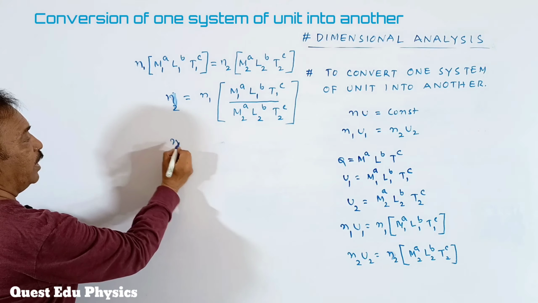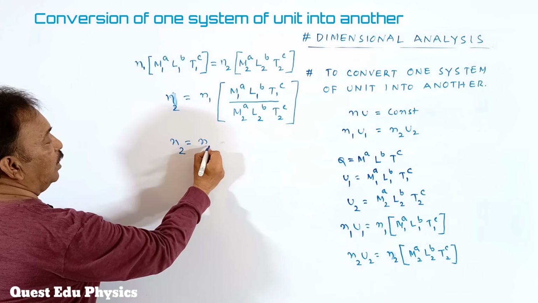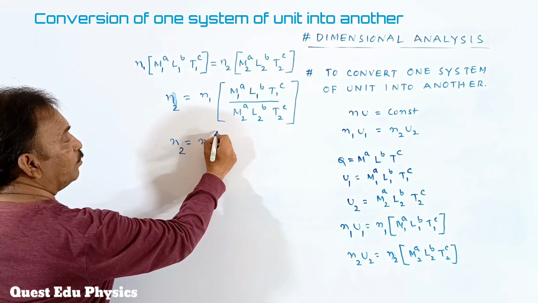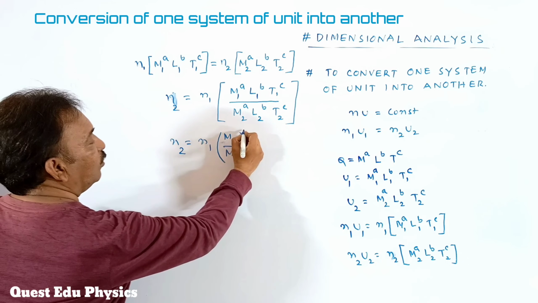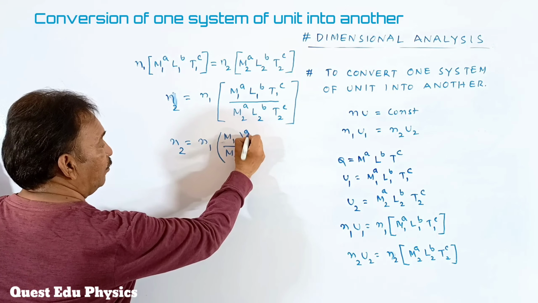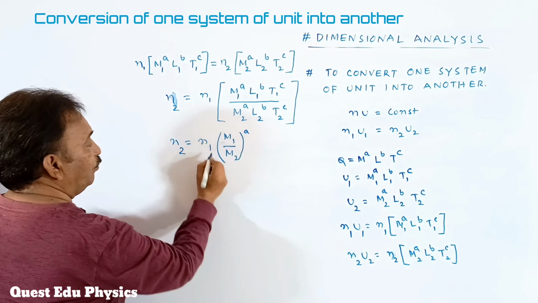And it can also be written as n2 is equal to n1 of M1 by M2 to the power of a, into L1 by L2 to the power of b, into T1 by T2 to the power of c.